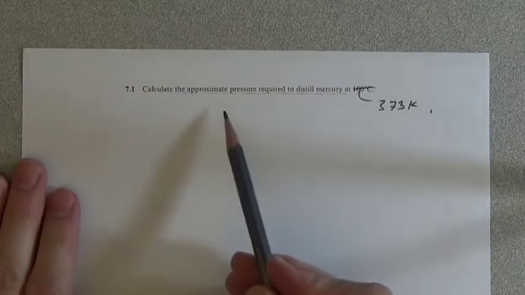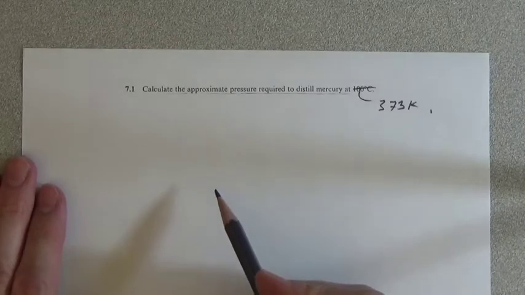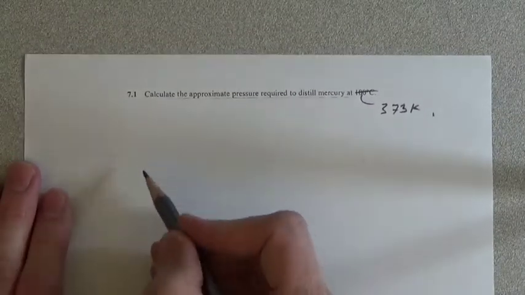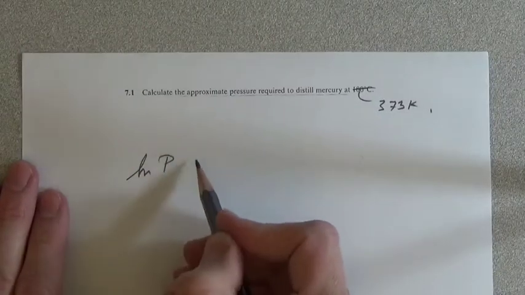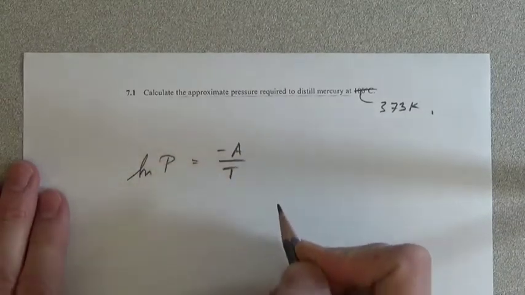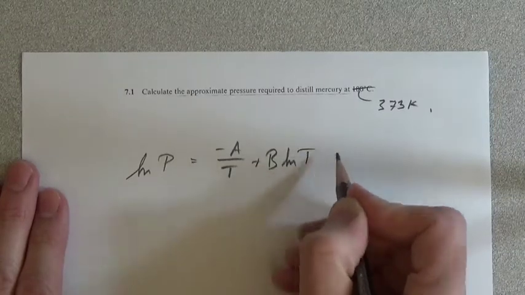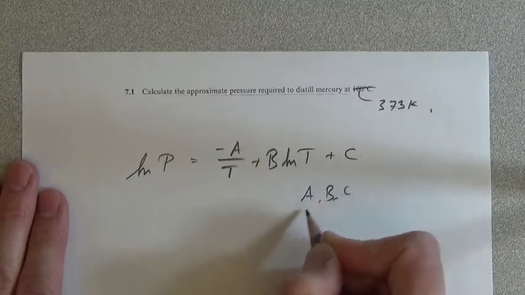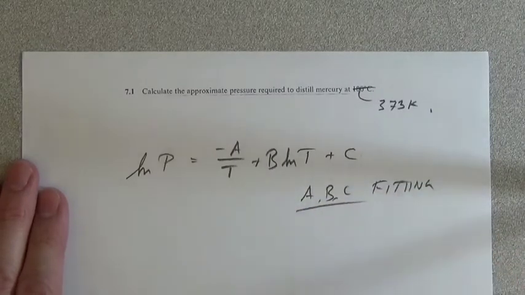So we're looking at the approximate pressure to distill mercury, and we have the equilibrium temperature-pressure relation. The natural log of the pressure has the functional form of minus A over T plus B natural log T plus C, where A, B, C are fitting coefficients.